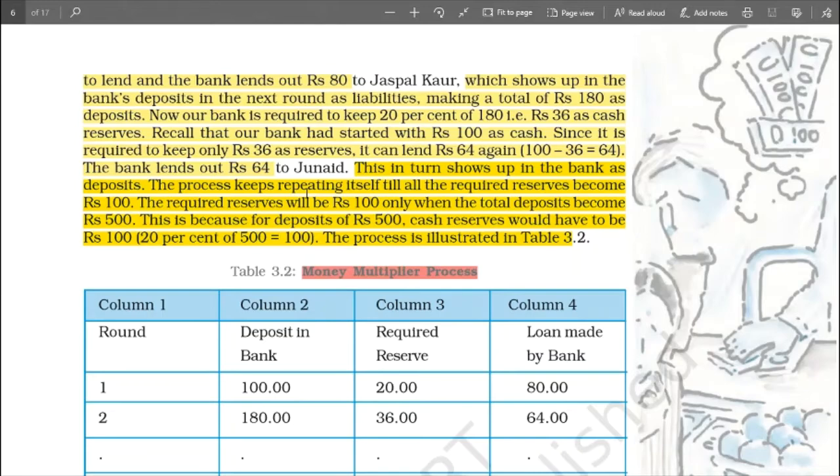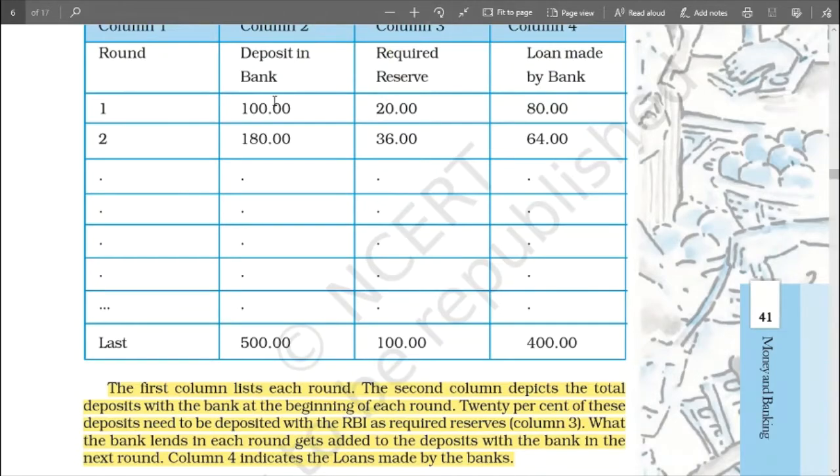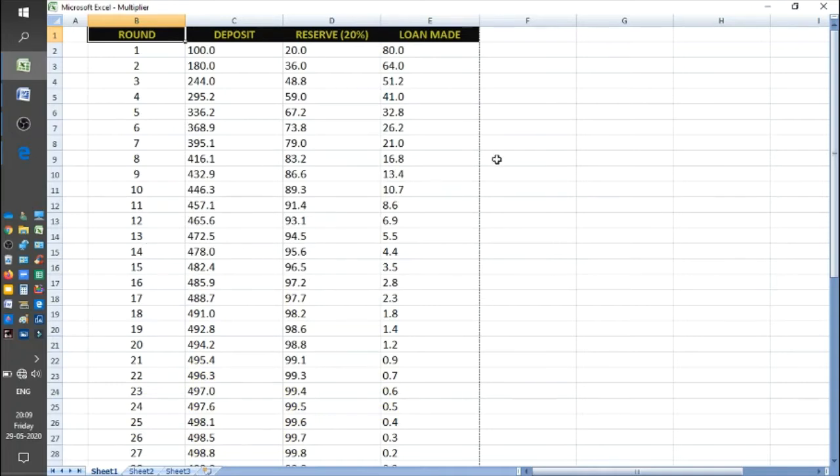Even though your book doesn't show in detail how the process goes on, you can check from the calculation to get an idea of how many times this deposit can multiply to create more money. So you see from the book, it's shown 100 rupees deposit, 20 reserve, 80 loan is made. And when the loan is made to another person, they open an account, it becomes 180 rupees.